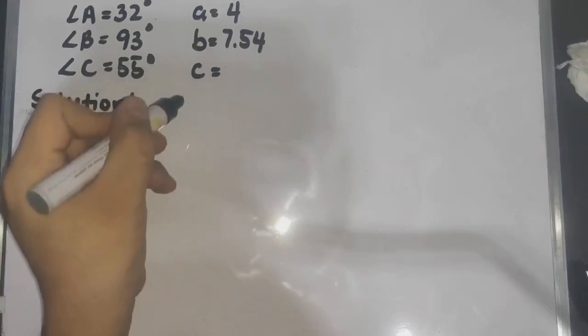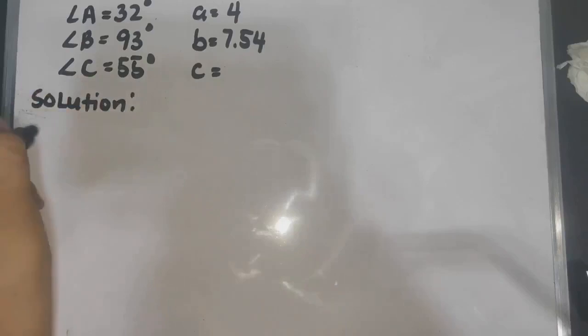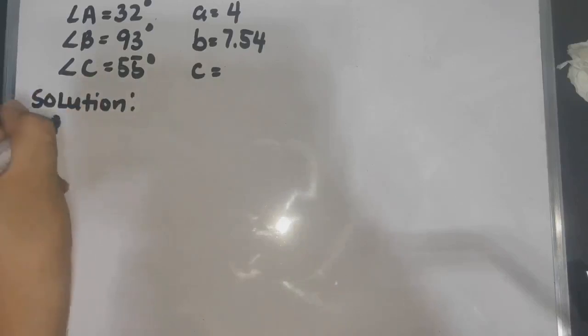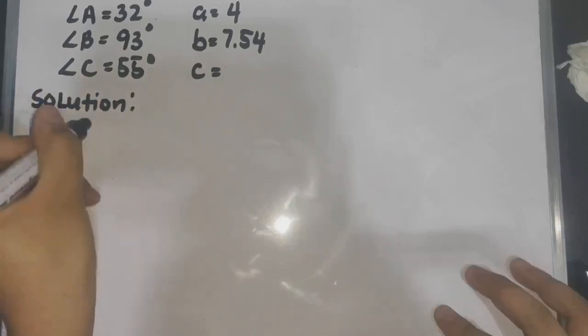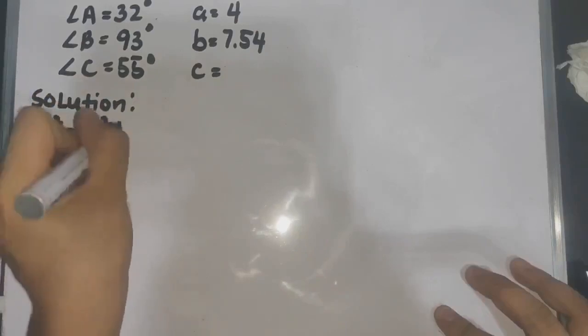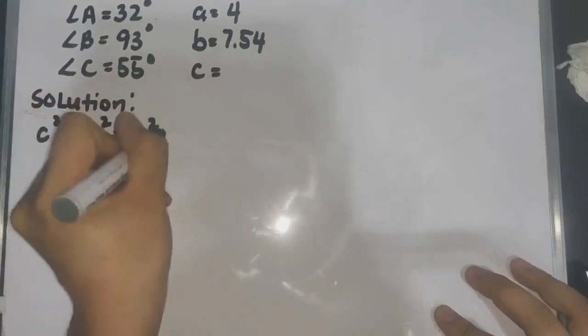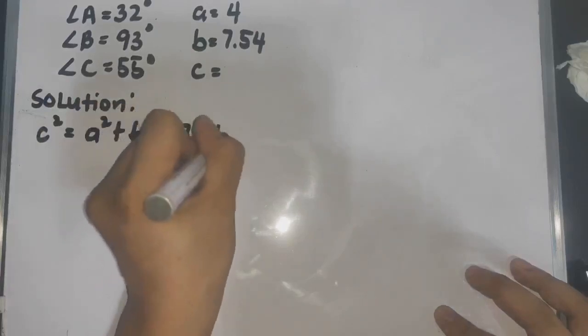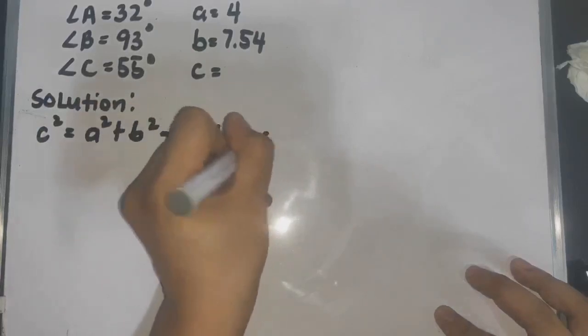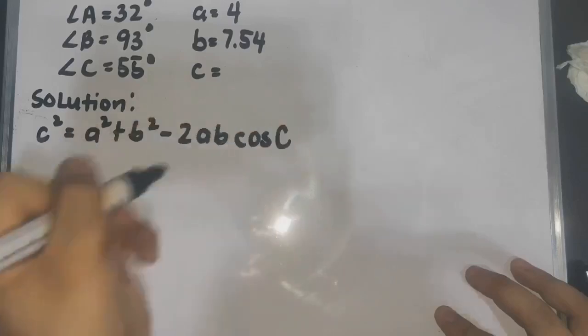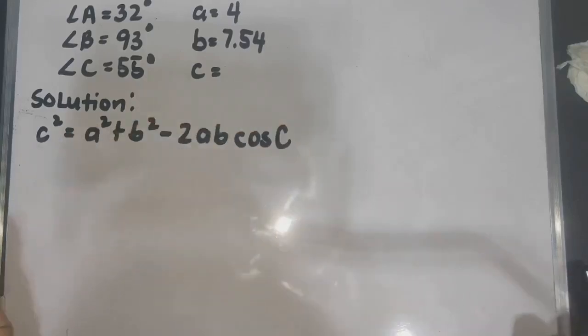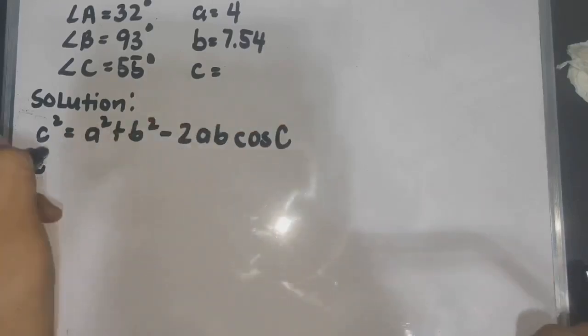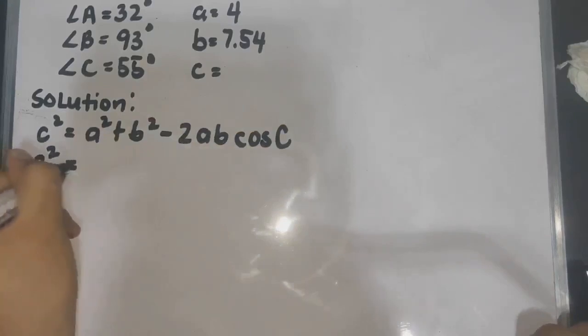So dahil C yung nawawala natin, ang gagamitin nating formula is C squared is equal to A squared plus B squared minus 2 times A times B times the cosine of angle C. Then substitute lang natin. Wala tayong value ng side C. Bring down.